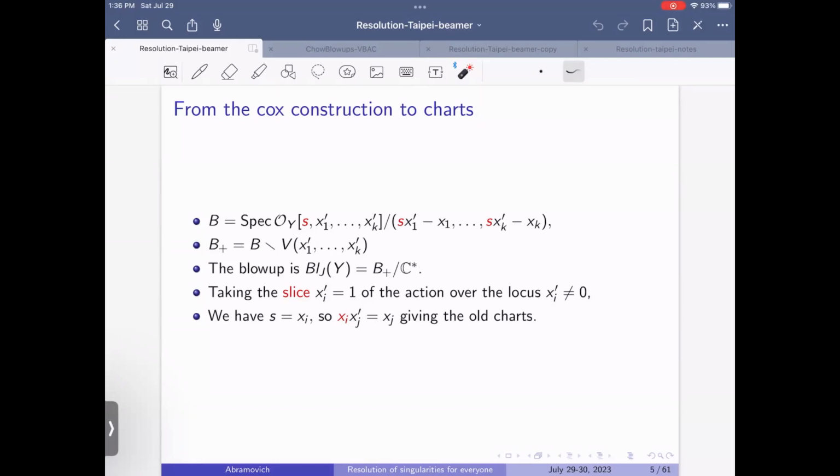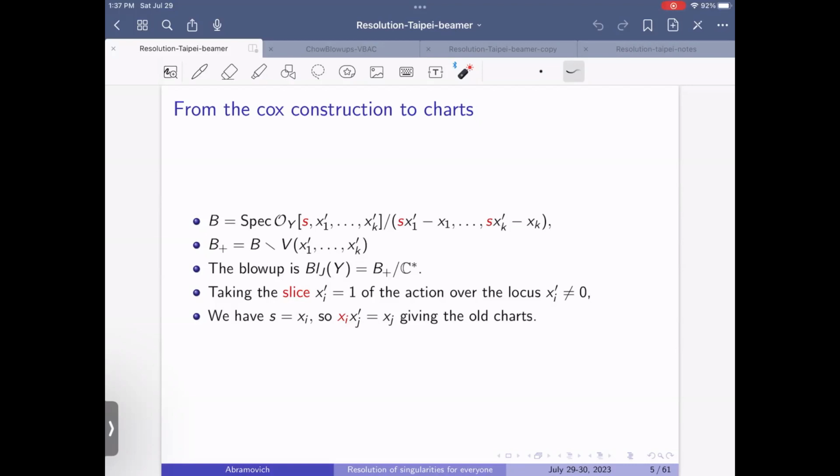On this slice, if xi prime equals 1, then what does this equation say? The equation says that s times xi prime, s times 1 equals xi. So s equals xi. So on this slice, I might as well replace xi by s by xi, so I get the original charts that we learned, for instance, in Hartshorne or in any class we took about birational geometry.